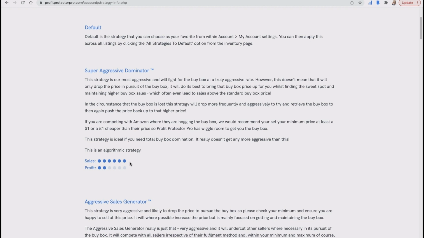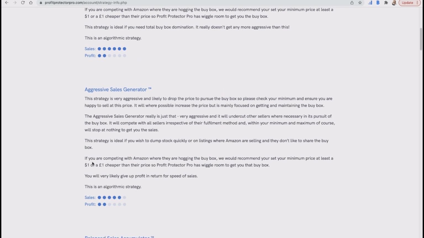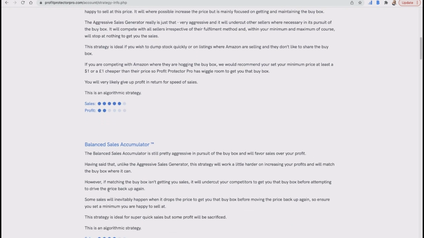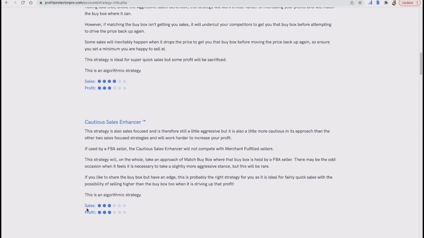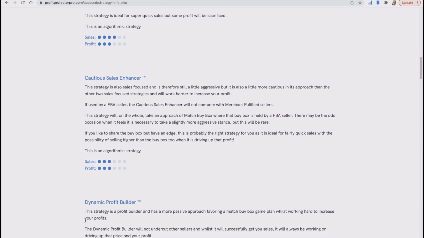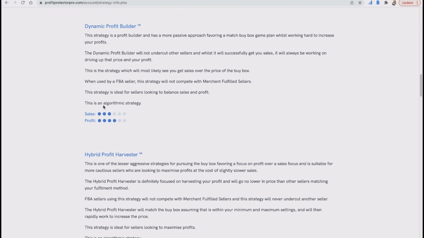As you go through all of these, you can see that they become a little bit less sales focused and more profit focused. This one's completely in the middle, and you've got dynamic, which then becomes more profit focused.